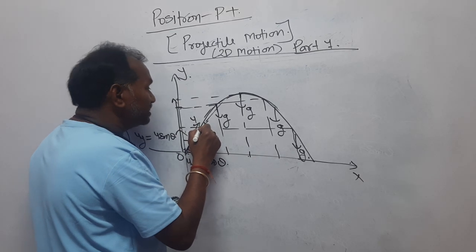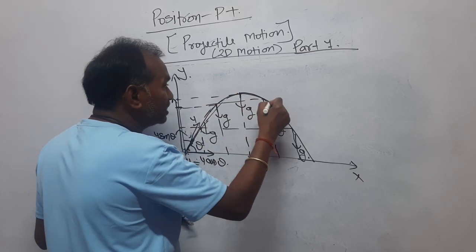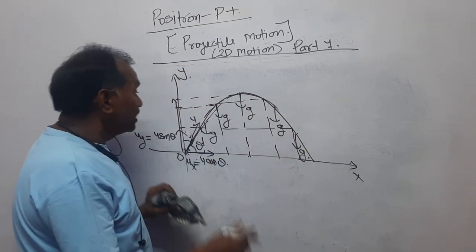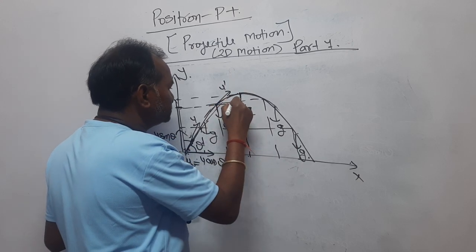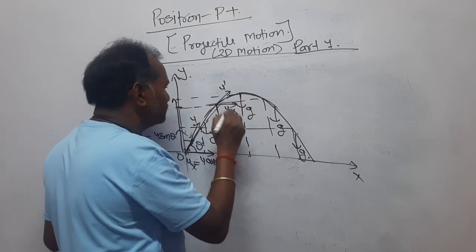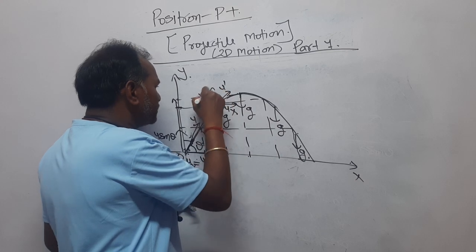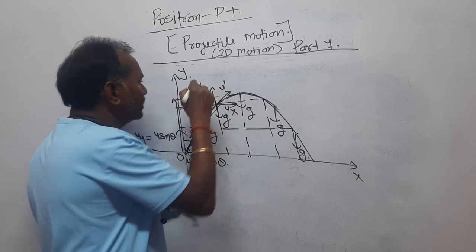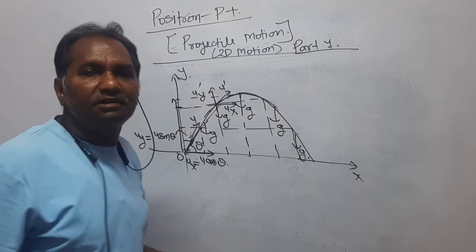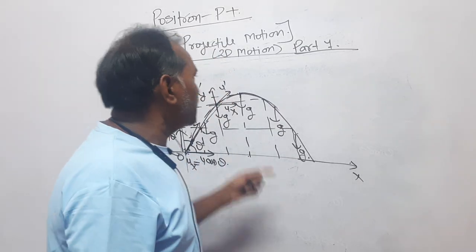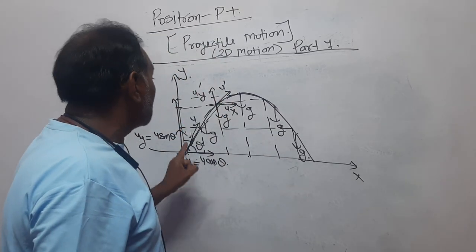Whether it is here, or here, or here, or anywhere, the horizontal velocity is the same. Let the velocity here be u dash. It has a horizontal component that will always be ux, and the vertical component will be uy dash. The initial vertical velocity is uy, so here the vertical velocity will be something different. I have supposed here it is uy dash.